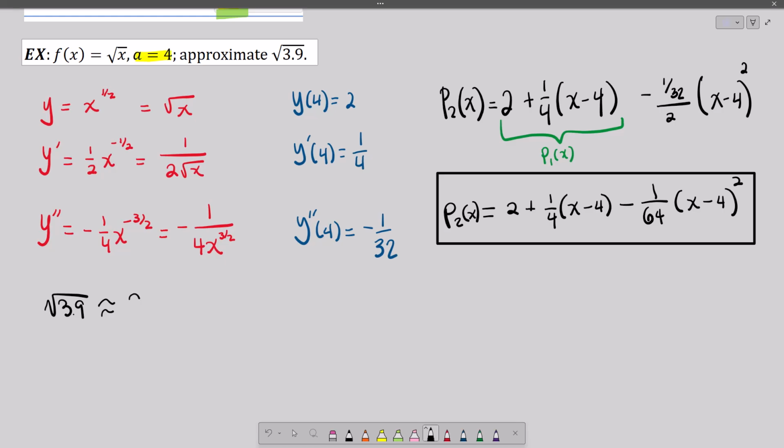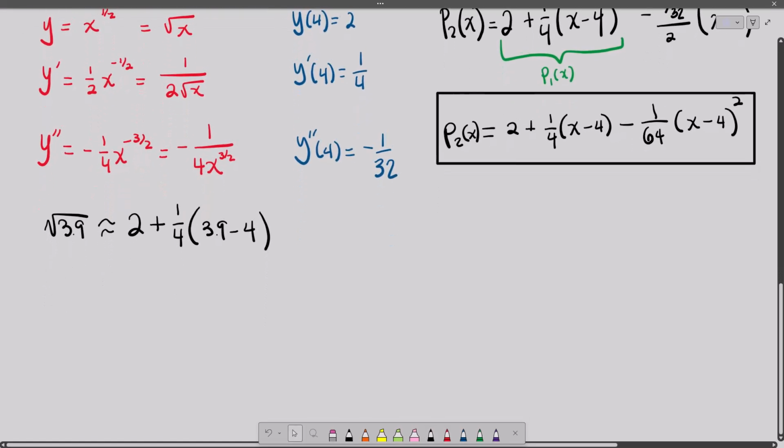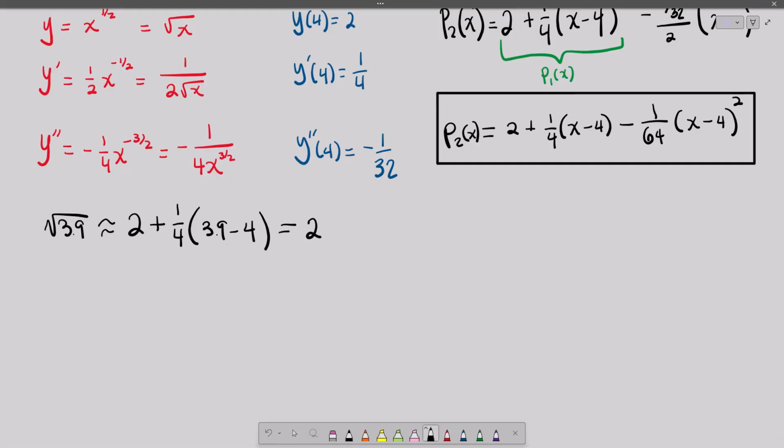So we're going to come in here and go 2 plus 1/4 times 3.9 minus 4. This is going to be our best linear approximation. So our best linear approximation is going to be 2 plus 1/4 multiplied. When we do this subtraction, we get minus 0.1, minus 1/10.